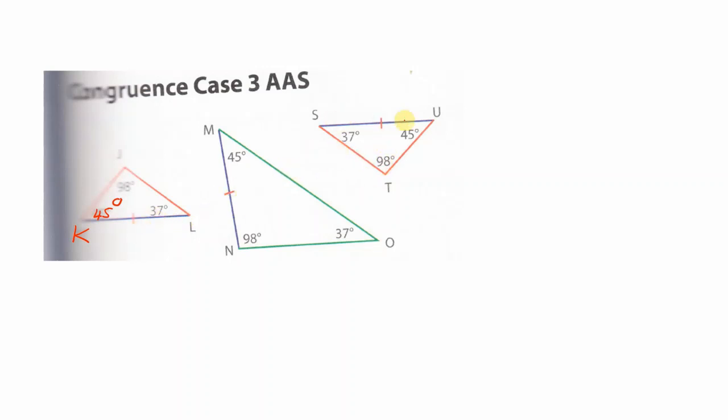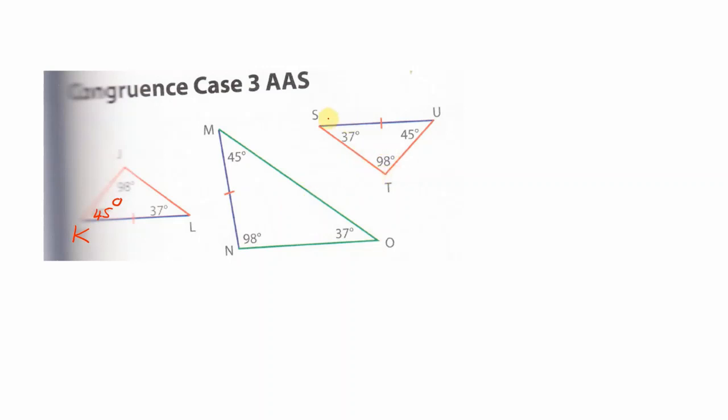But now, for example, if we compare SUT against MNO, we can see that opposite 37 degrees we have the one line, whereas here we have opposite 98, and we can see obviously these two triangles are not congruent. So what is very important here is that the side needs to be a corresponding side.